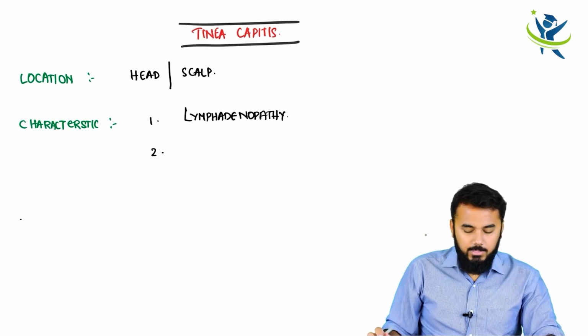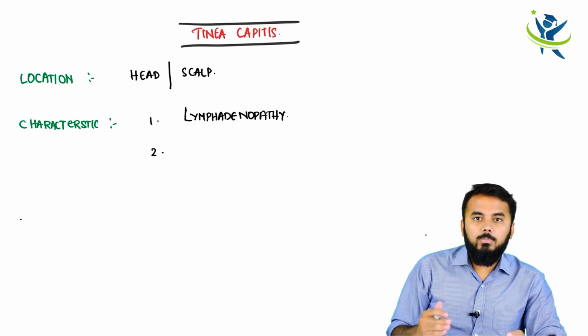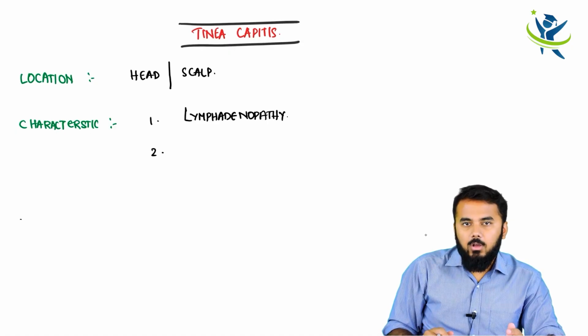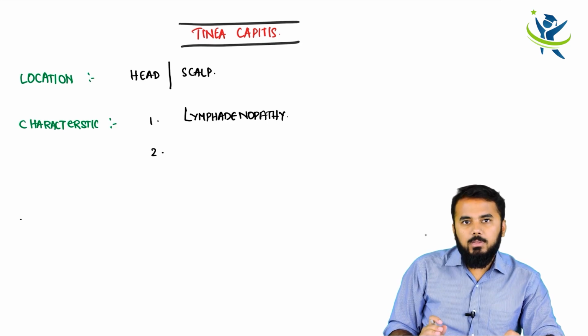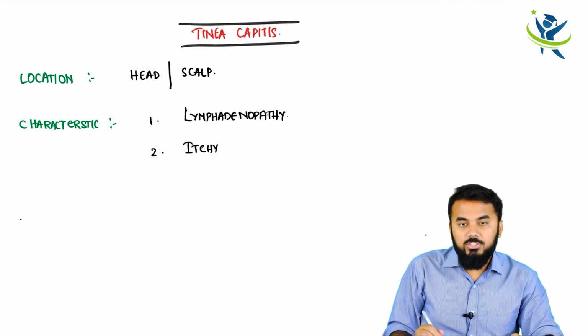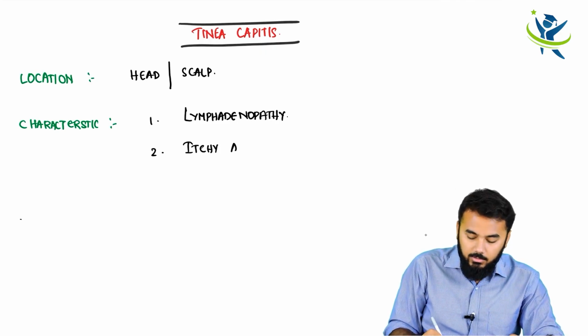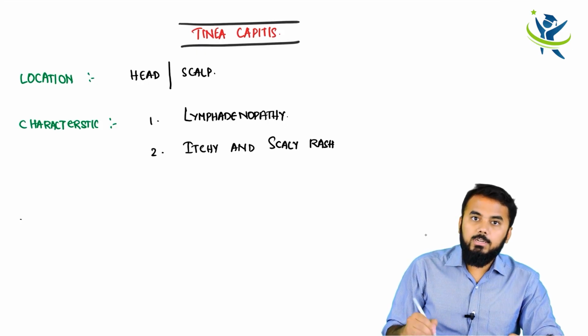Apart from lymphadenopathy, there will be a rash on the scalp itself, an itchy rash with scales, so itchy and scaly, and this is associated with alopecia.